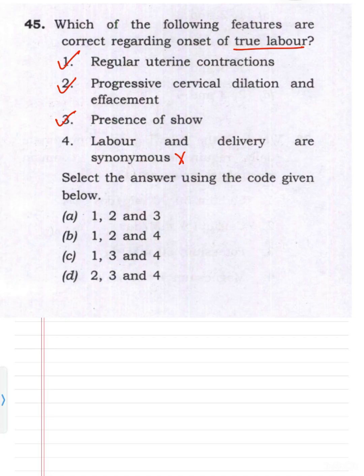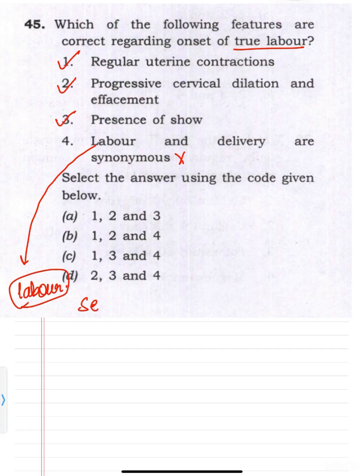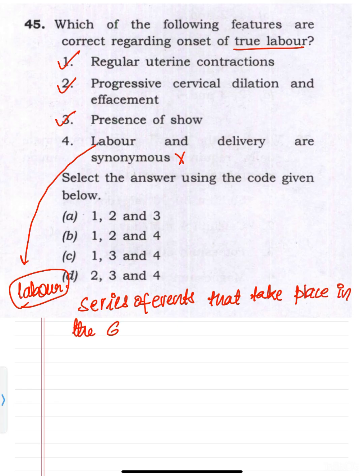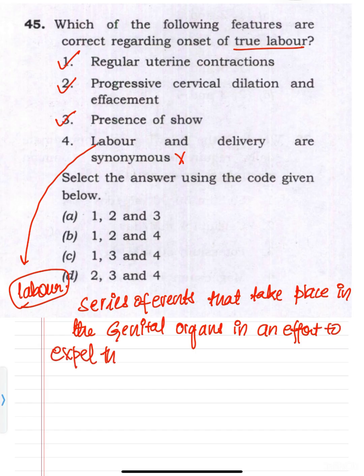What is labor? Labor means a series of events that take place in the genital organs in an effort to expel the viable product of conception out of womb.